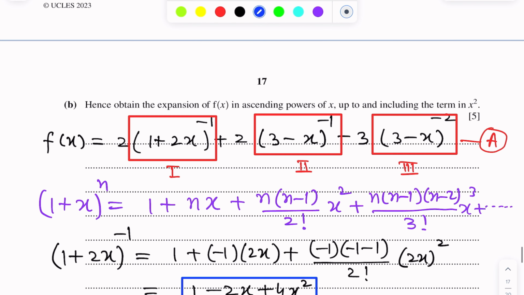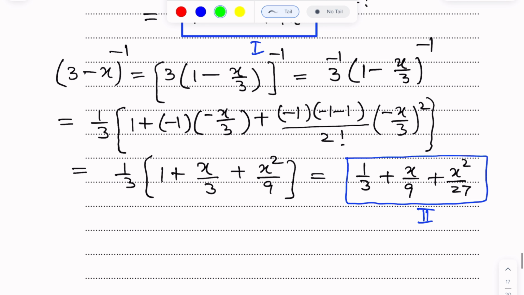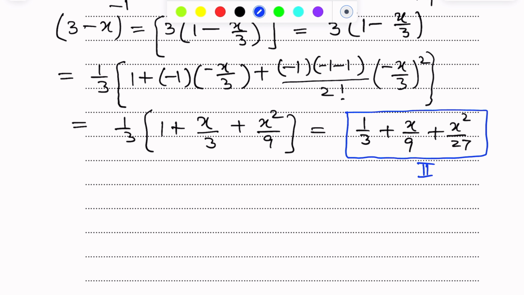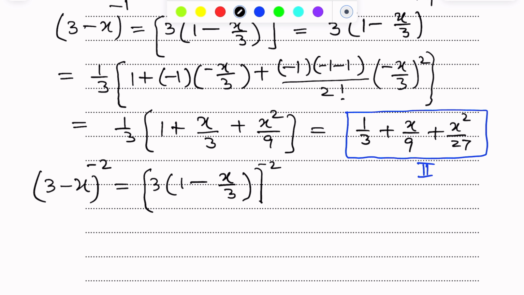Now we will expand box number 3, that is (3 minus x) raised to power negative 2. Again we will make the first term 1 by taking 3 as common: 3 into (1 minus x over 3) whole power negative 2.